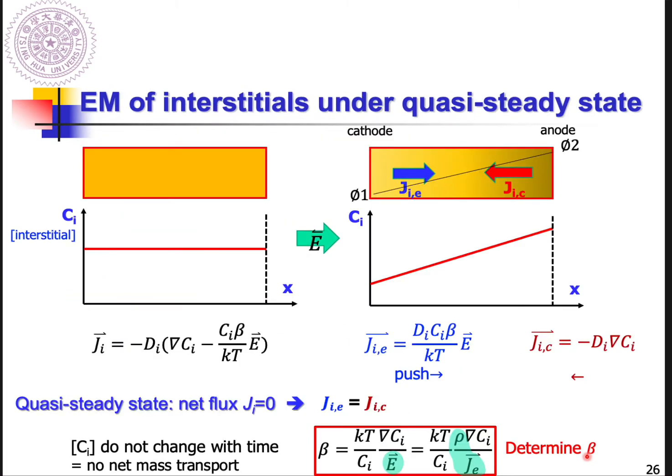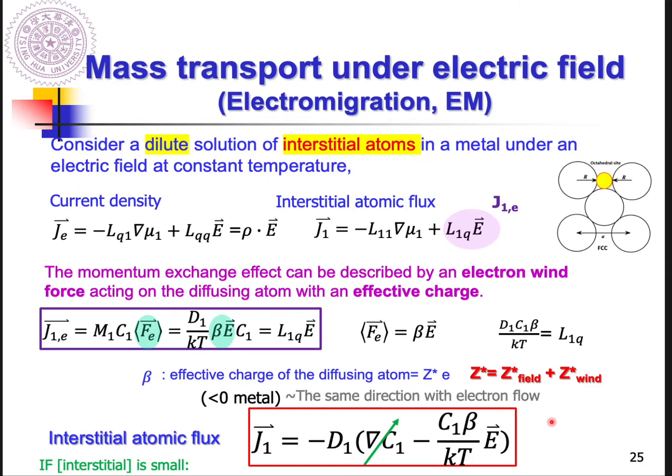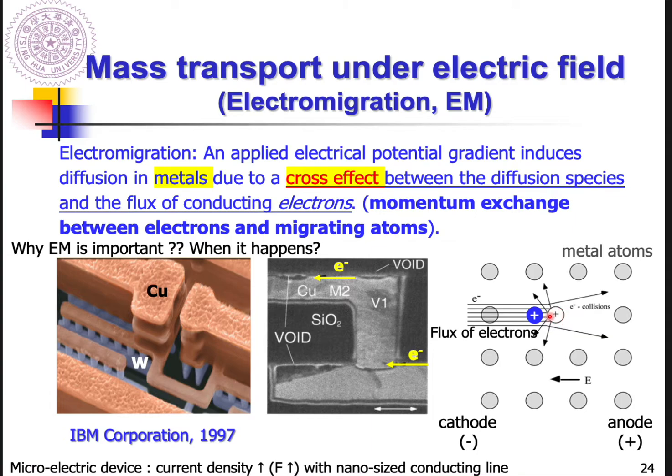And as we mentioned, the sign of the beta just tells you the moving direction of the diffusing atoms, right? So here in metals, usually the effective charge will be negative because of the bombardment of electrons, so this diffusing atom is going to be pushed toward the anode side.